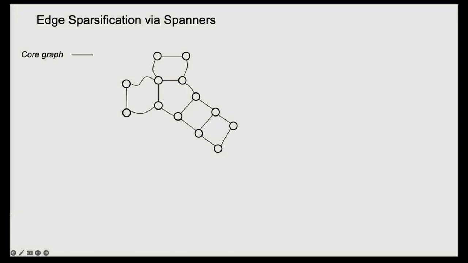Now we want to throw edges away. So we're going to find a spanner. A spanner is a subgraph, and everything you should think of as unweighted now. Here we have a spanner, which is just a subgraph with a promise that every edge that we didn't pick has a short path in the subgraph.